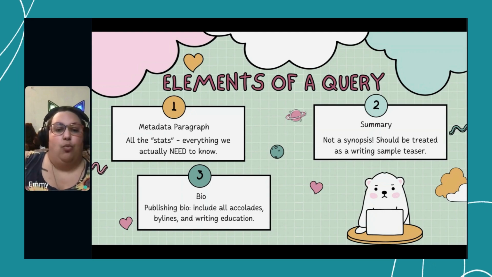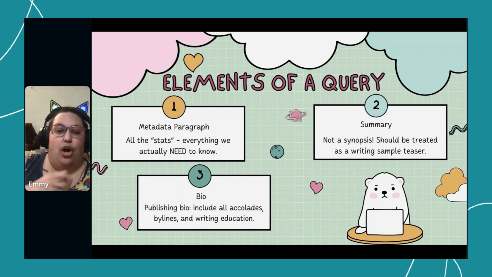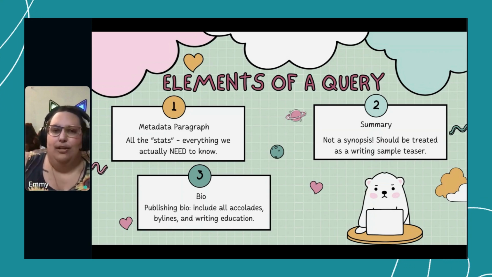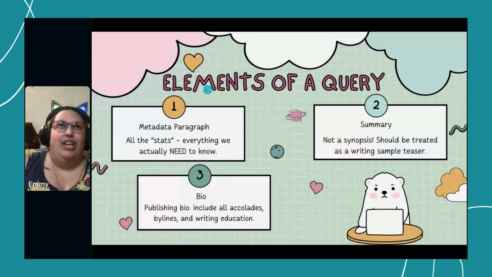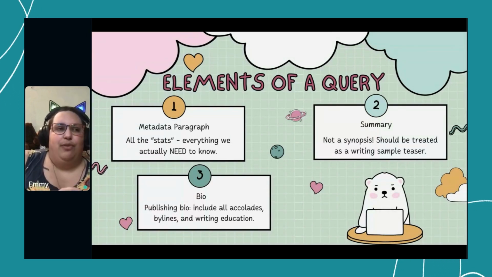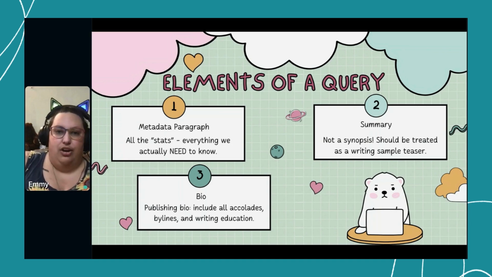Generally speaking, that is one paragraph, and it includes all the stats of your book. If you're thinking of your book as like a Pokemon or an athlete, all of the statistical information, everything that's dry and factual about your book, goes into the metadata paragraph.